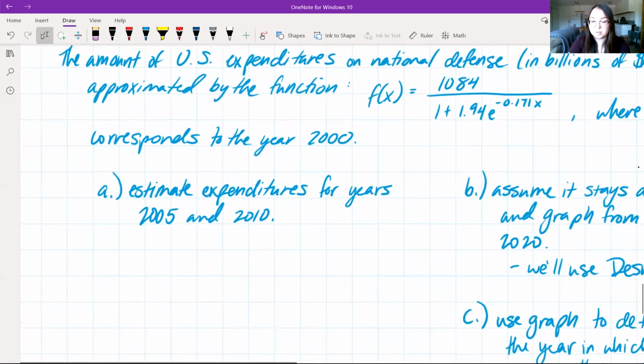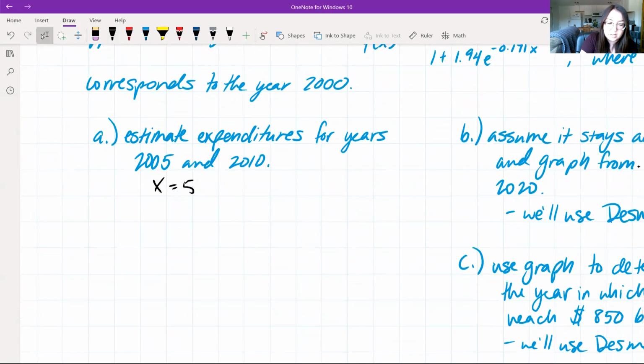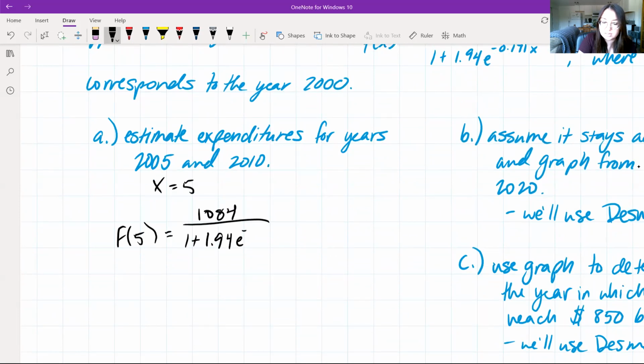So let's zoom in here a little bit. We want expenditures for years 2005 and 2010. So let's start with 2005, and we'll say x is equal to 5. So f of 5 is equal to 1,084 divided by 1 plus 1.94 times e to the negative 0.171 times 5.